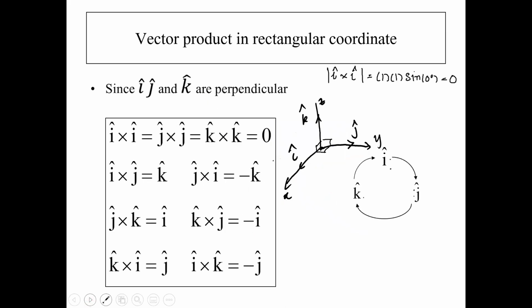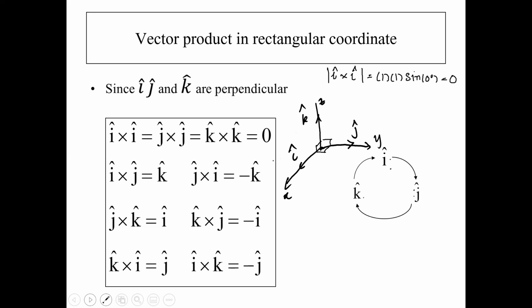And in rectangular coordinates, we can see that by doing a cross product, i cross i, j cross j and k cross k all result in 0 because they are pointing in the same direction. However, i cross j gives the result k, and j cross i gives the result of minus k.